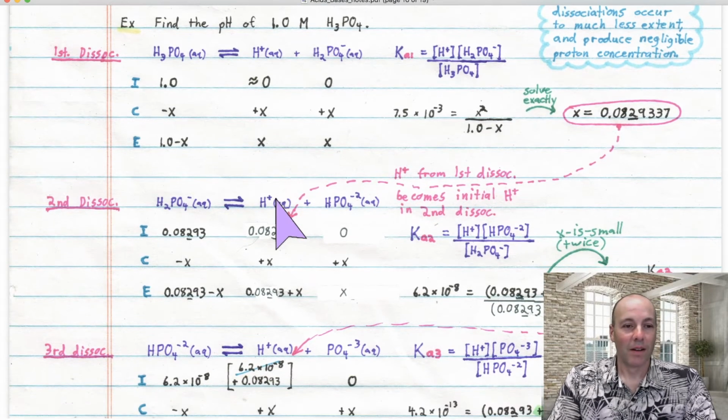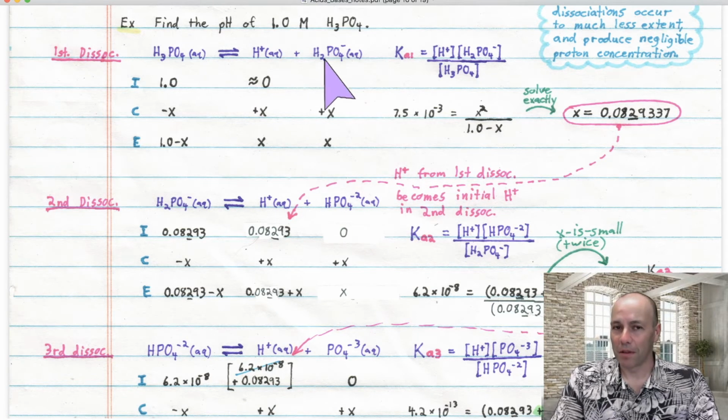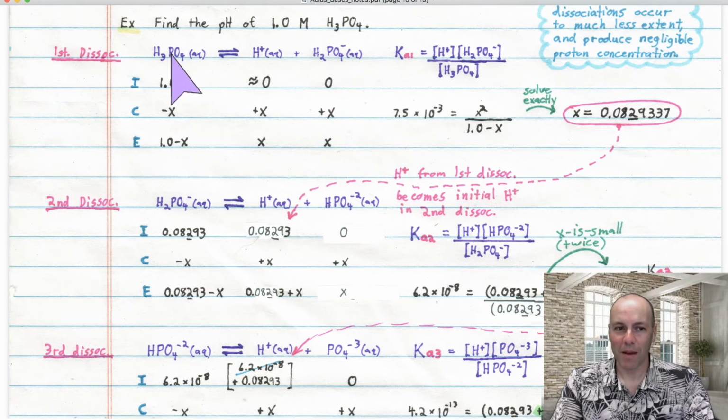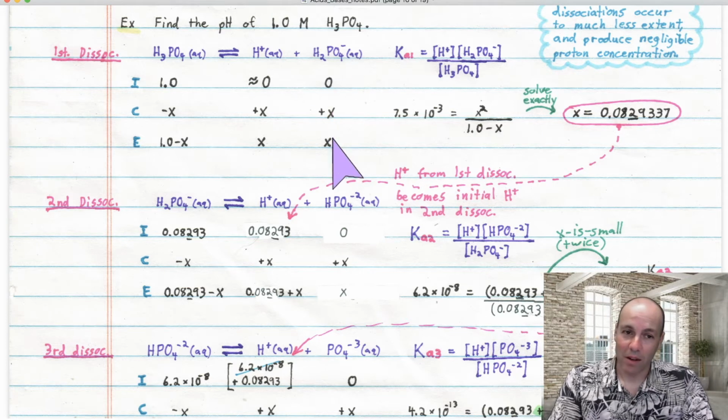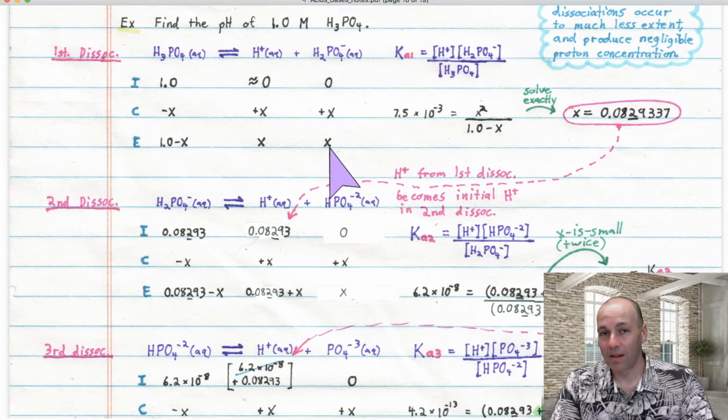So the second dissociation we can think of as occurring after the first one is done. So after the first one is done, and you now have X amount of this left, that can go on and dissociate to produce more proton concentration.